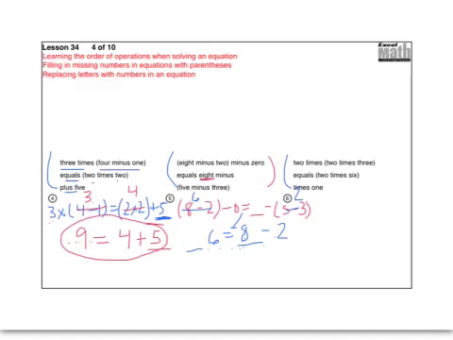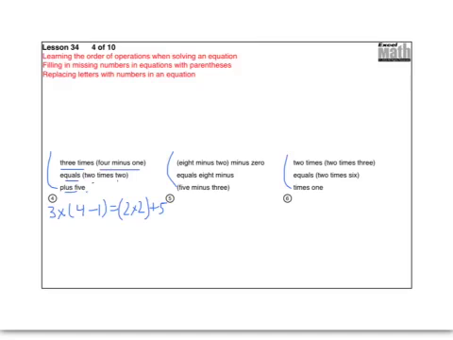All right, let me get this erased off of here. And then you're going to do number 6. So if you can't read that, let me help you to read it. It says 2 times, parentheses 2 times 3, equals 2 times 6 times 1.